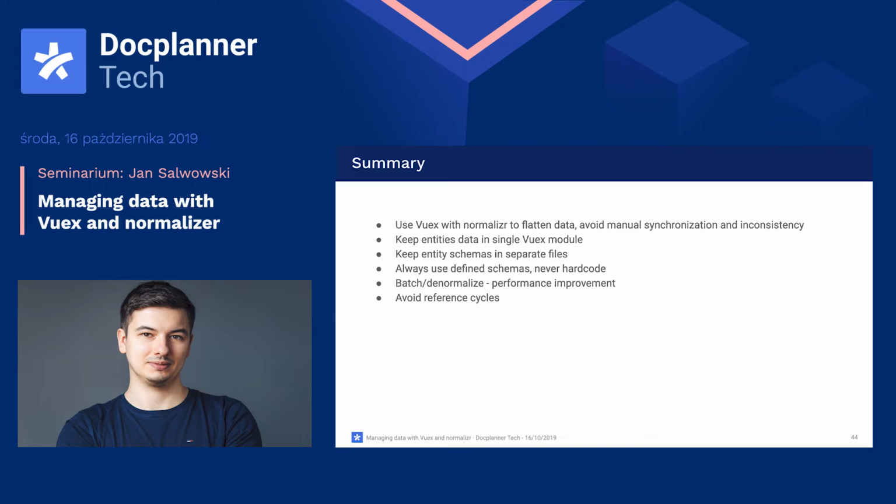This will be your single source of truth, and use getters, either in modules or components, to fetch this data from your store. Keep entity schema in separate files, each of them. Currently, we are working on an application that didn't follow this one simple rule, and we had a lot of problems connected with it.